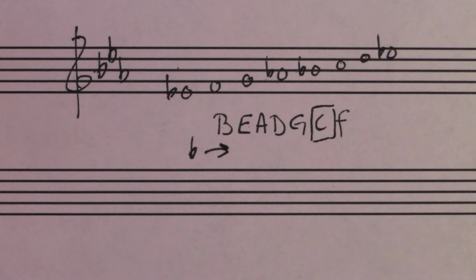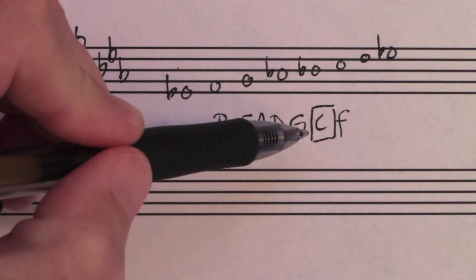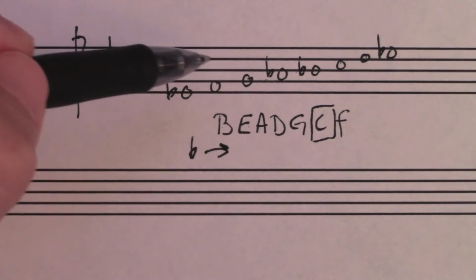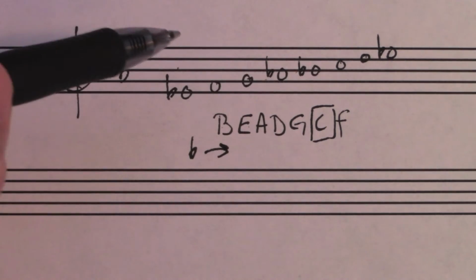C major. As we've talked about before, key of C major has no sharps and no flats. It's all white keys.